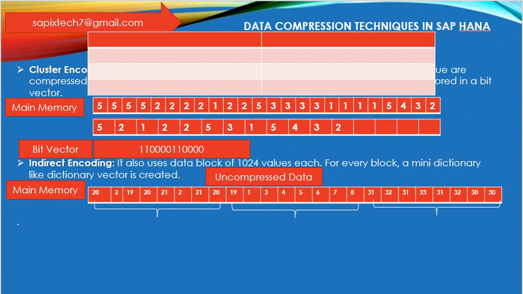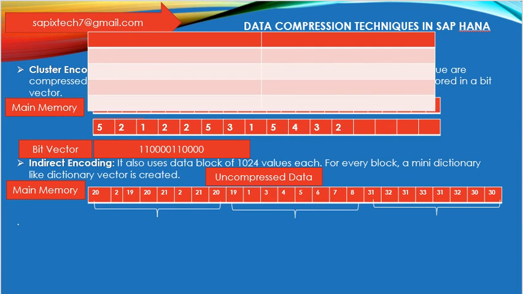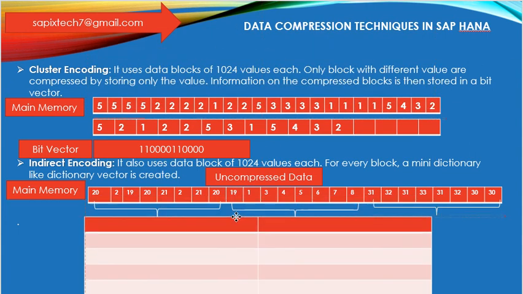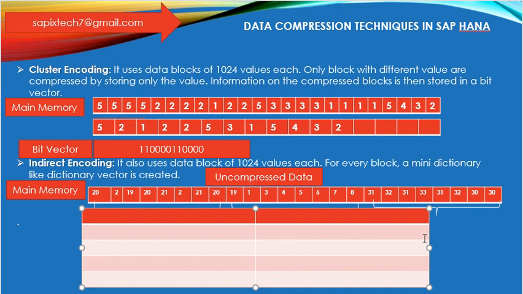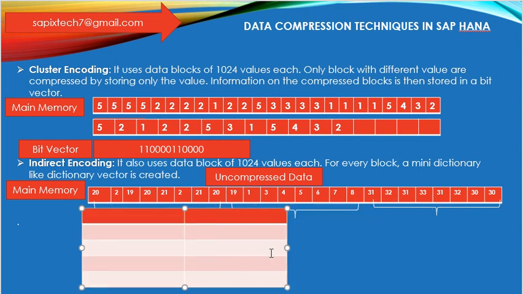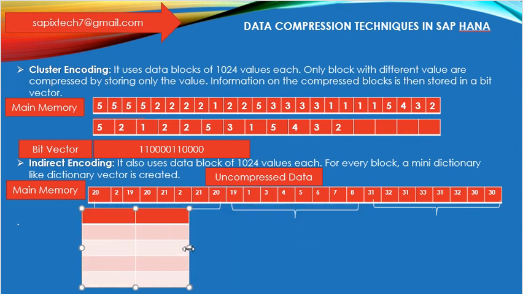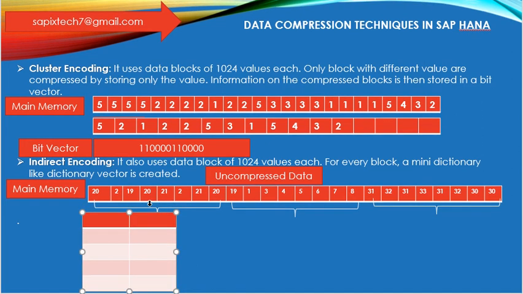One, two, three, four. It will create a dictionary vector.